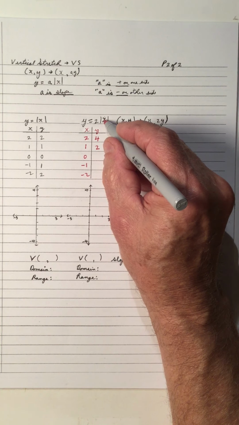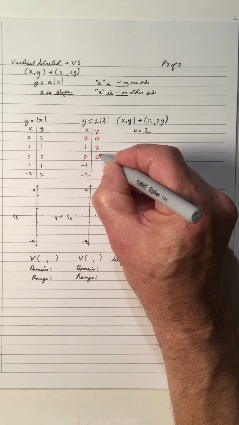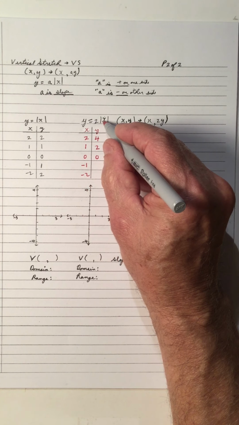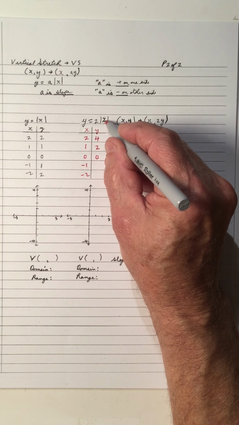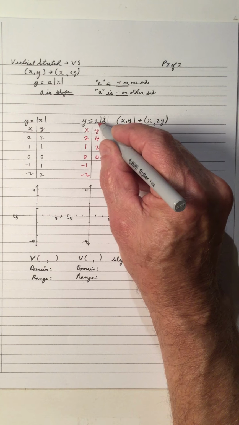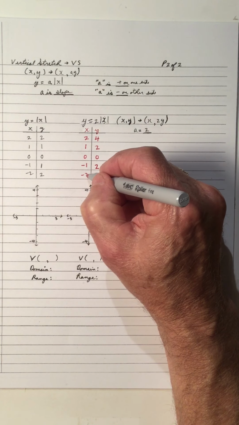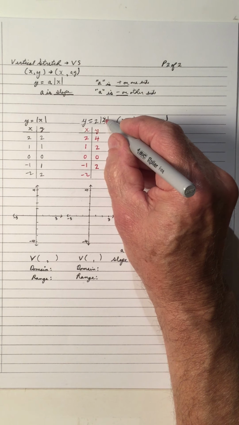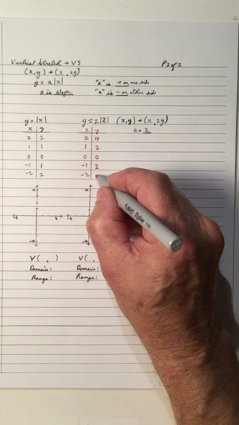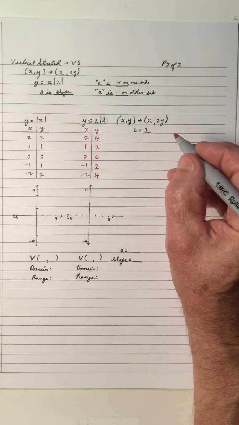Take the 0: the absolute value of 0 is 0, 2 times 0 is 0. Take the negative 1: the absolute value is 1, 2 times 1 is 2. And the absolute value of negative 2 is 2, 2 times 2 is 4.